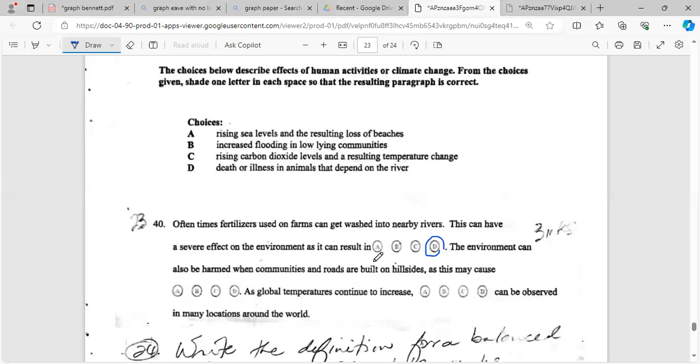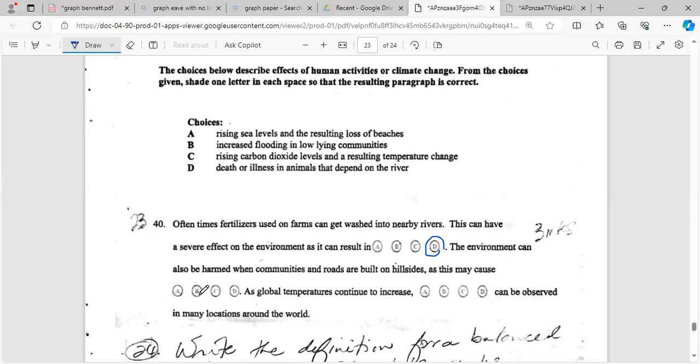The environment can also be harmed when communities and roads are built on hillsides, as it may cause, is it increased flooding in low-lying areas? I'm going to go with that.